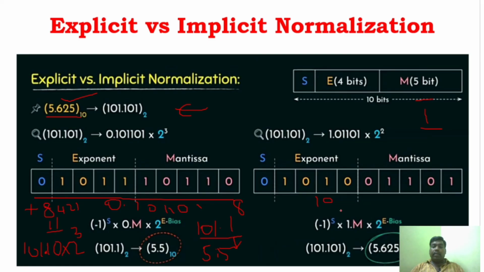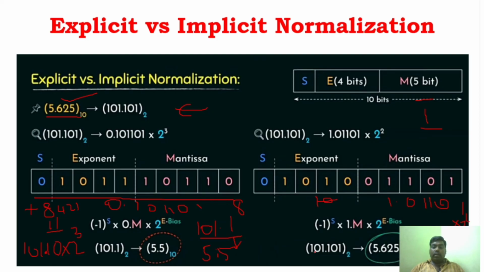If you represent it using the implicit representation: (-1)^S × 1.M, that is 1.01101, is the mantissa value, and the exponent value is 10. So it is 2 to the power of 10 minus bias. 10 minus bias is 2, so we have to move the decimal point 2 times.